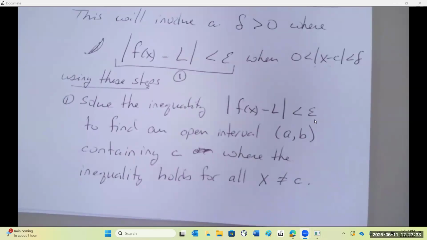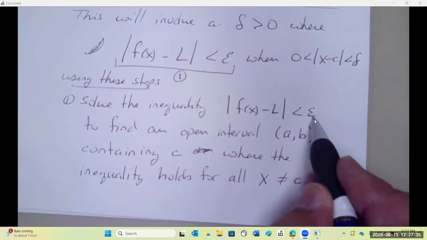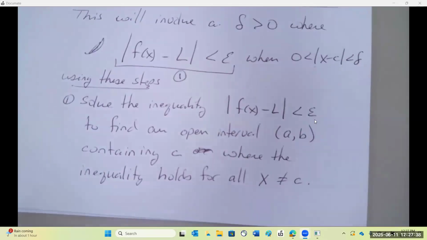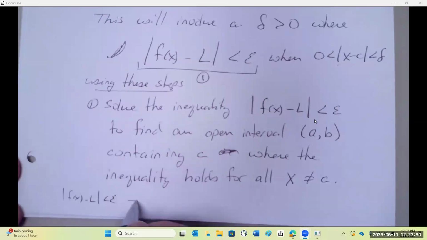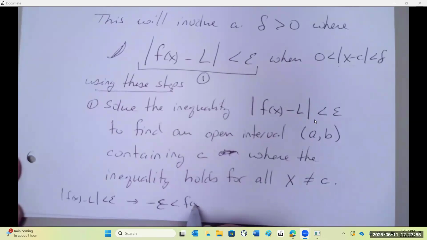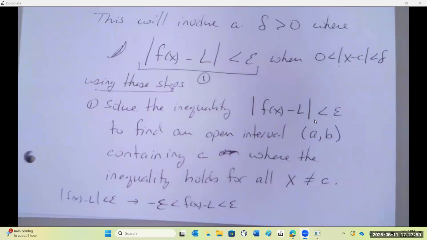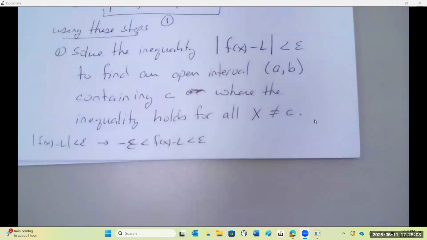We take it algebraically, drop the absolute value sign. So when we have |f(x) - L| < epsilon, this becomes negative epsilon < f(x) - L < epsilon. Again, it's all algebra from there.